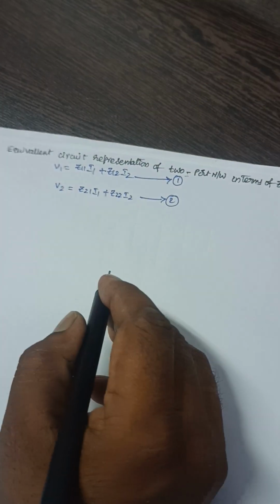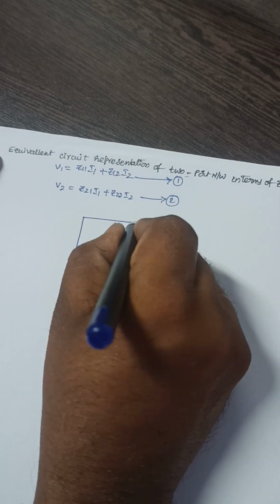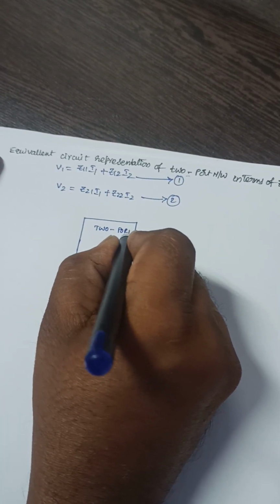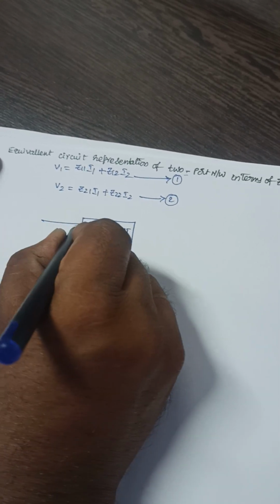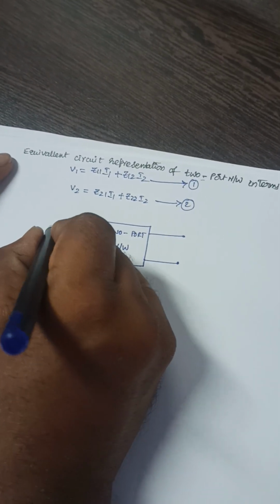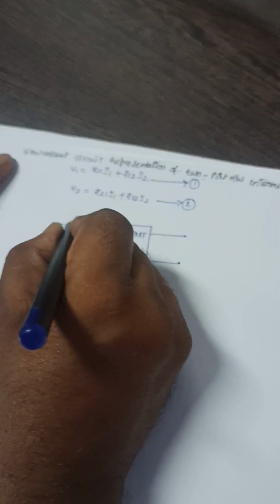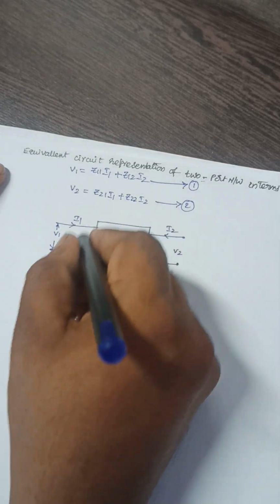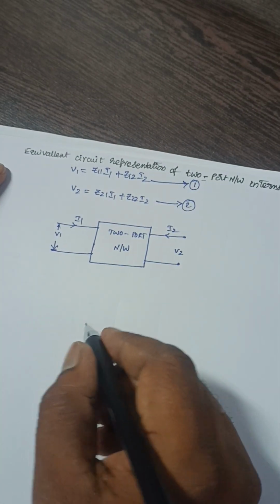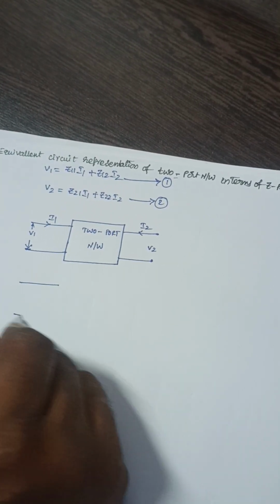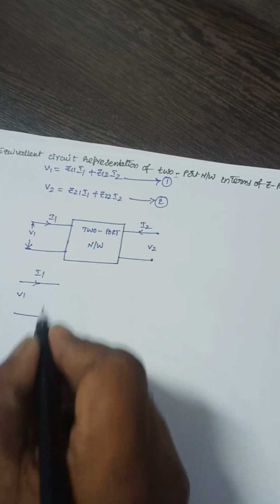Let me explain this concept here. This is the two-port network. You know that it is a two-port network. This is V1, this is I1, V2, this is I2. So this two-port network equivalent circuit representation in terms of Z parameters I am going to find here. So this is V1, I1.